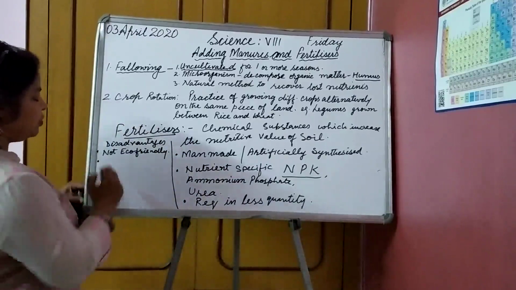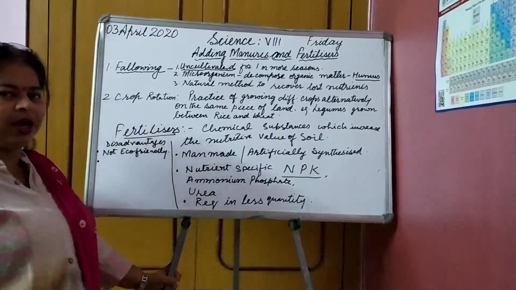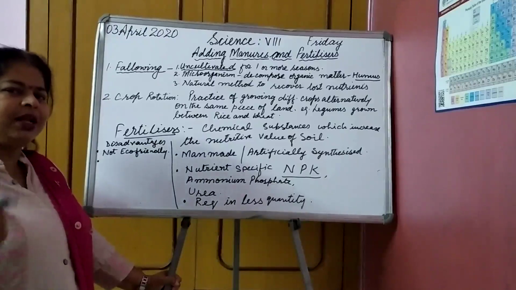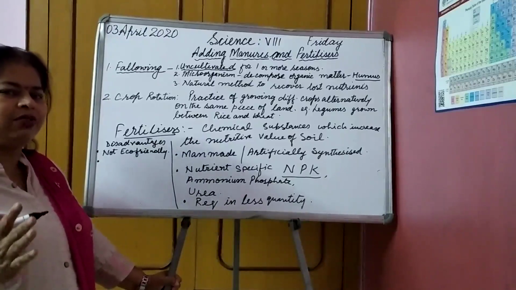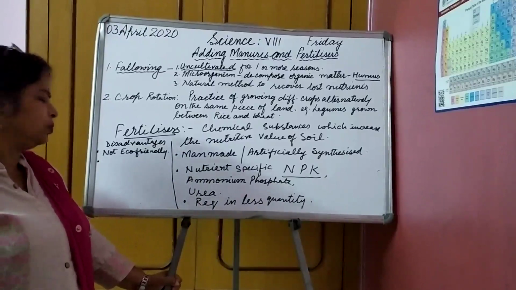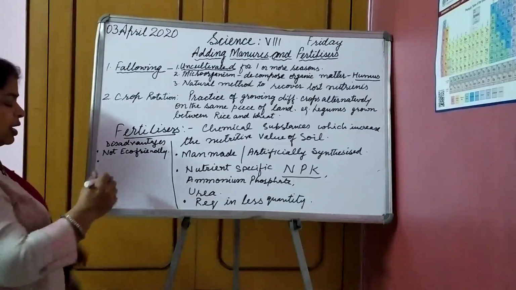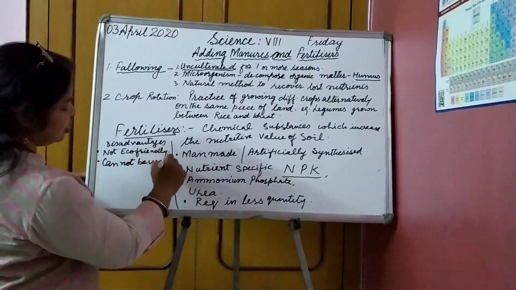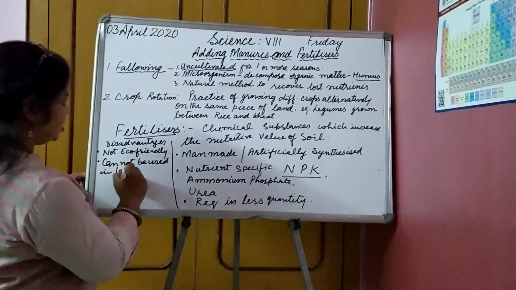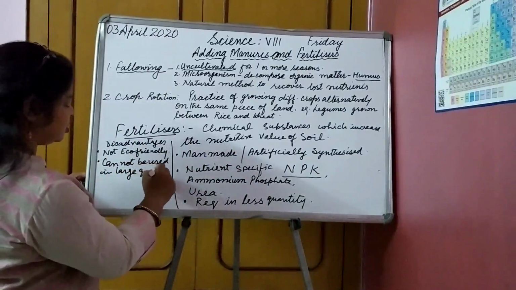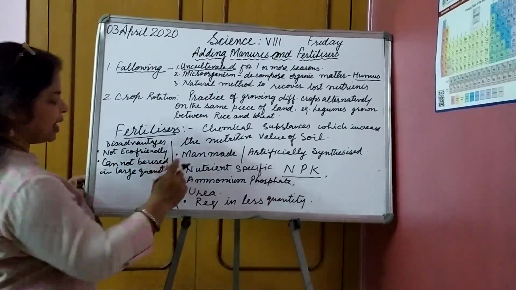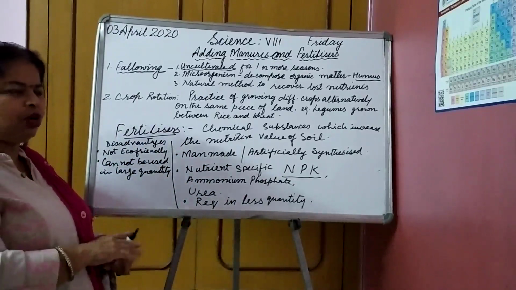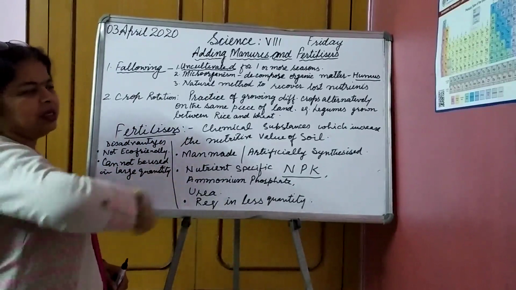Fine. Second, if they are used in large quantity, they can kill the plants. Why? Because they will desiccate the plant. They will take out the whole of the water of the plant and the plant will become useless. It won't grow. So it cannot be used in large quantity. You might have seen the jute bags which contain fertilizer, and the farmer will take it in his hands and sprinkle.